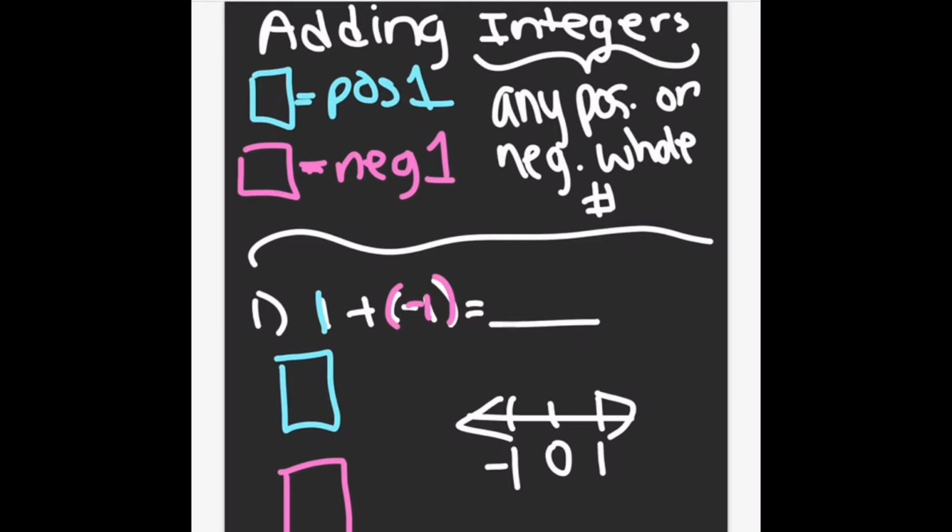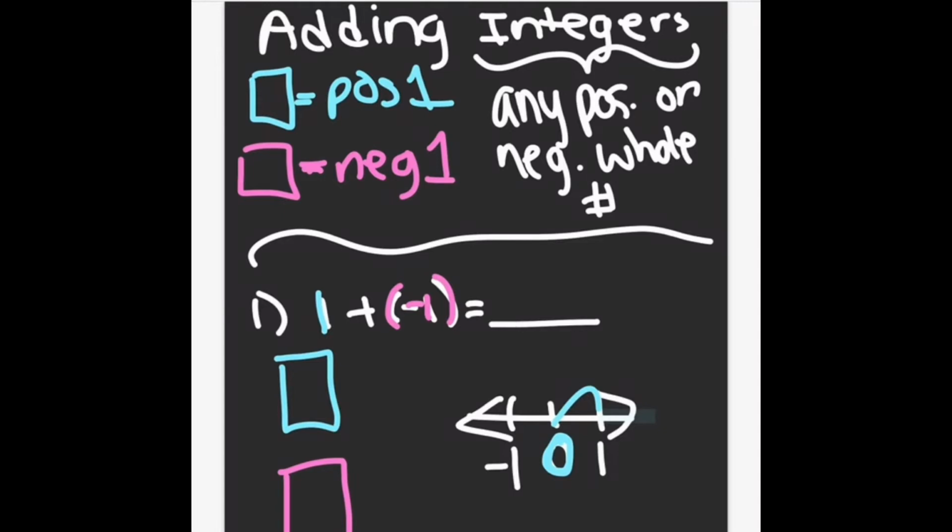Since this is a negative 1, what I like to do is think of it as a minus 1. Right now, I am right over here. If I'm adding negative 1, I'm not going over here. I'm actually going backwards. From here, if I take 1 back, think of it as minus 1, I'm at 0.